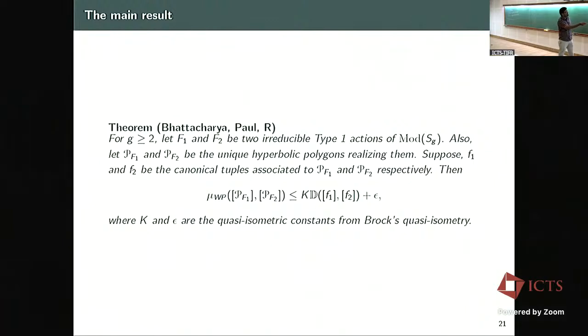Or if you may, you can think of the Weil-Petersson distance between PF1 and PF2 in the moduli space. That is bounded above by k times the distance between the corresponding tuples associated with the decomposition of the polygons associated with these actions, plus epsilon. And k and epsilon are the quasi-isometric constants coming from Brock's work.